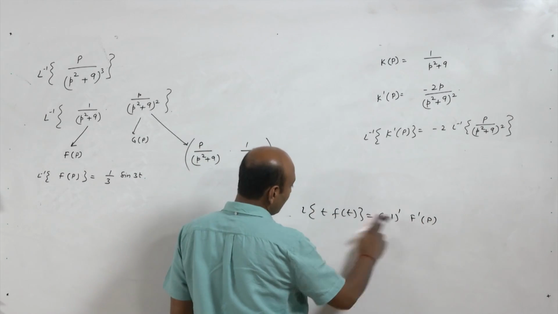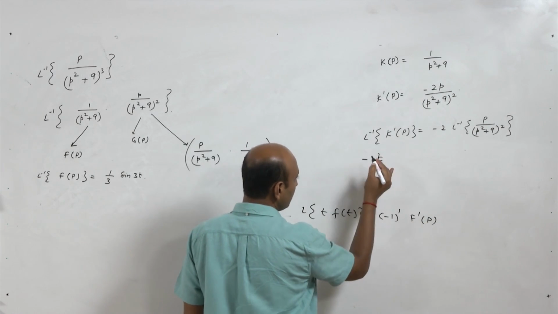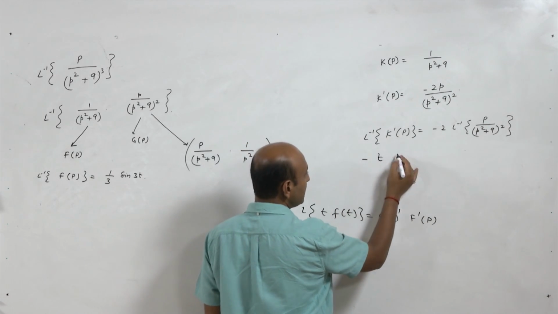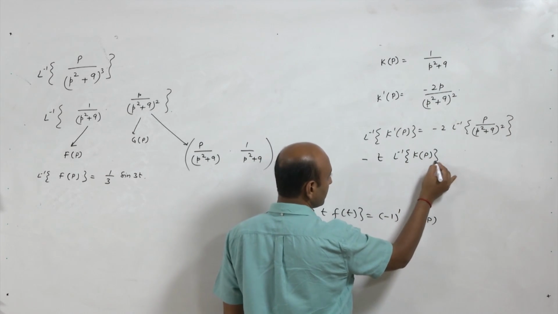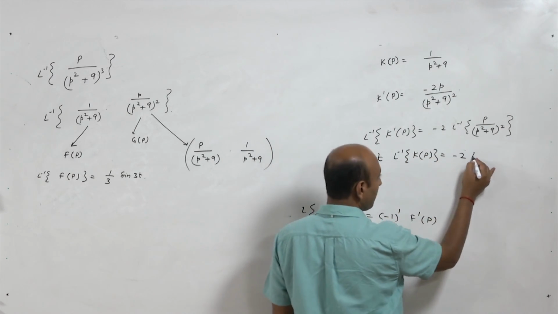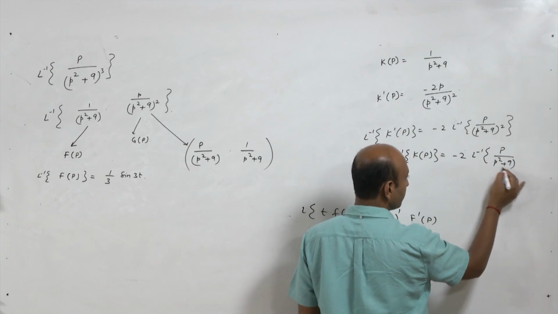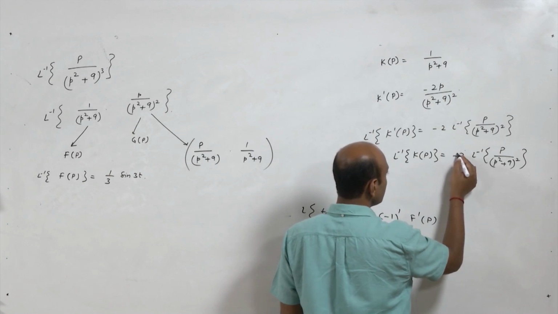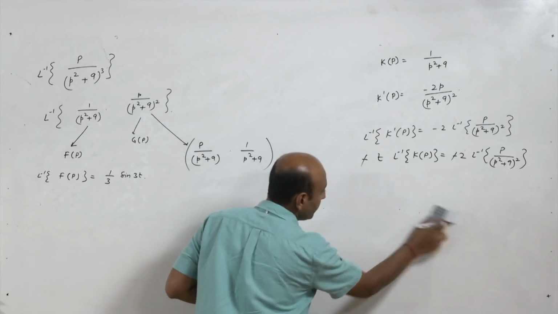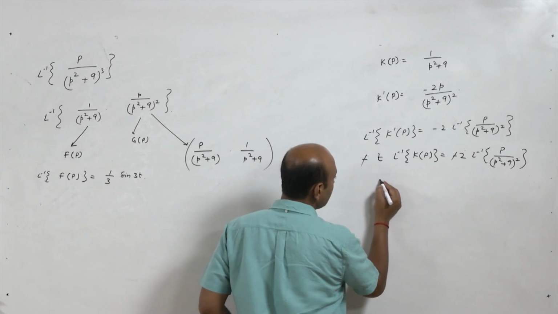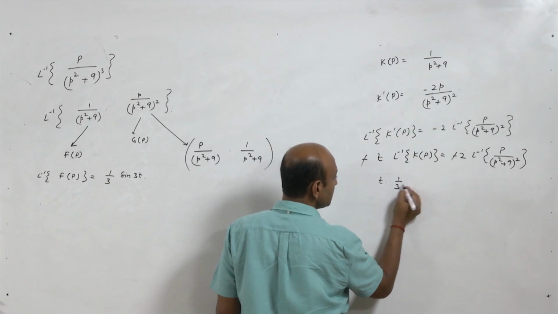So, Laplace inverse of f dash p is nothing but minus t into f t, and f t is Laplace inverse of k p, which is minus 2 Laplace inverse of p upon p square plus 9 whole square. So, minus minus cancels out. So, this is nothing but t into. Now, what is Laplace inverse of this expression? This is 1 by 3 sin 3t.